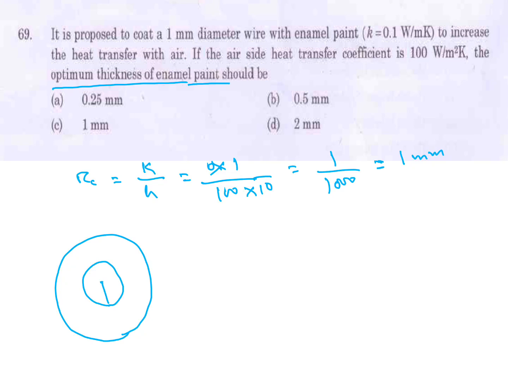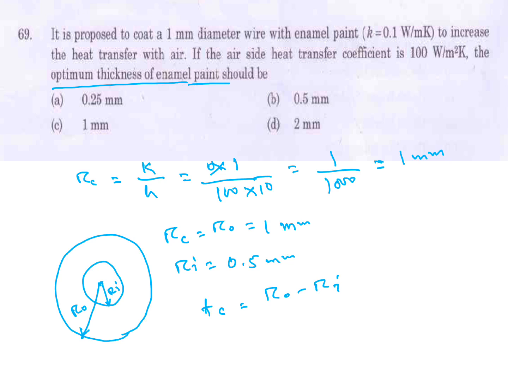So this is R inside, this is R outside. For optimum thickness we got RC equal to R outside, which is 1 mm. Inside 1 mm diameter means 0.5 mm radius. So critical thickness is RO minus RI. It's 1 minus 0.5, it's 0.5 mm. But this time they gave the correct answer. B is the answer.